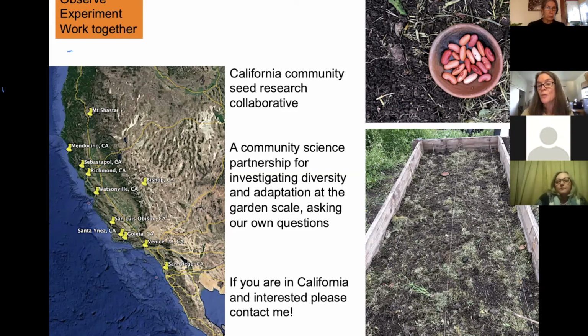And so we will be able to watch and see what happens with this diversity as we plant it across the state, across this great expanse of latitudes in our home gardens, and observe our plants and talk about how they're performing, what we're looking for in terms of adaptation, what the environment is favoring and not favoring, and really kind of digging into these questions of how do you manage diversity and adaptation at the scale of gardens.